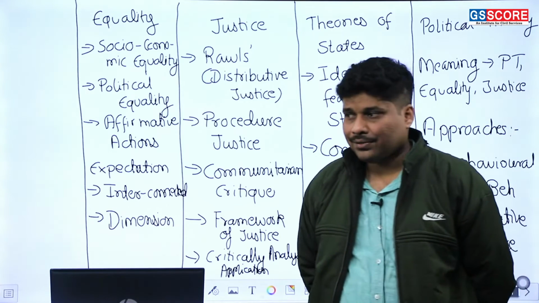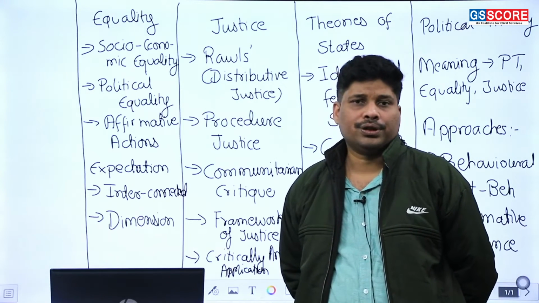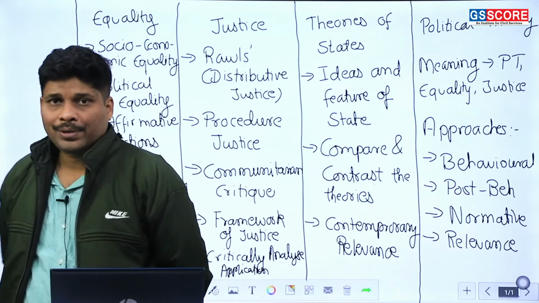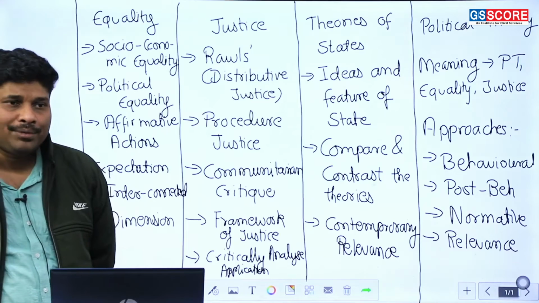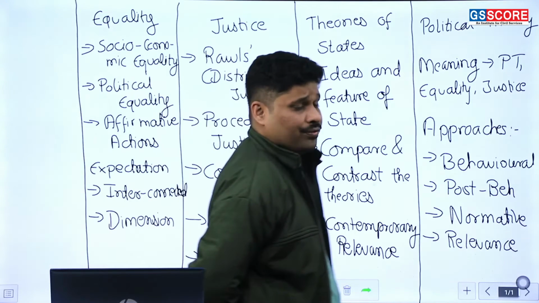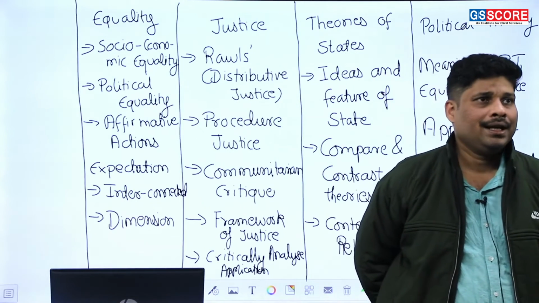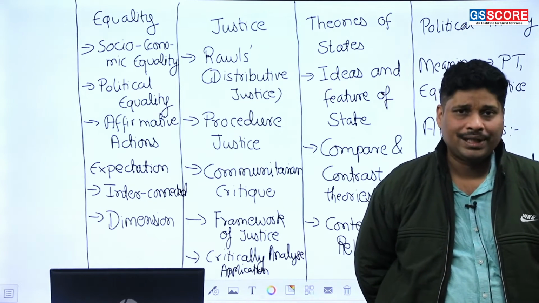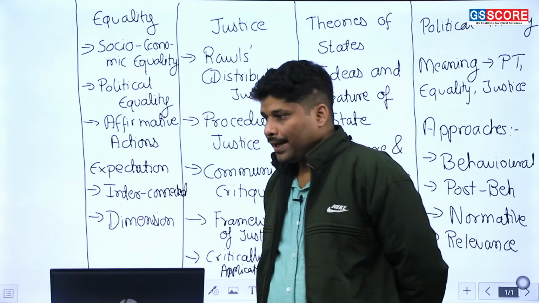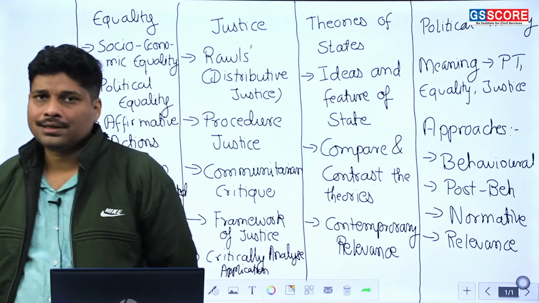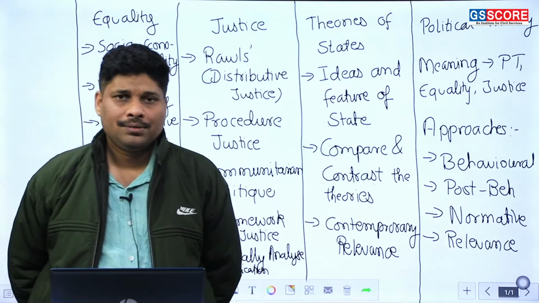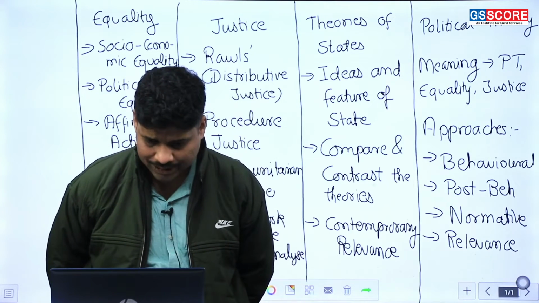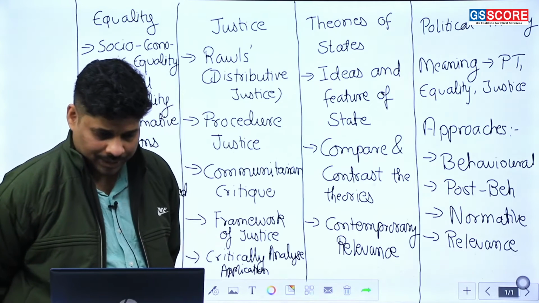So this is the way in which equality has to be looked into. If I take political equality, then there are dimensions on the basis of voting and on the basis of holding political office. For example, America has political equality when it comes to the right to vote for each and every citizen. But when it comes to the right to hold public office, it is not the same. So for example, Elon Musk cannot be the president of America.